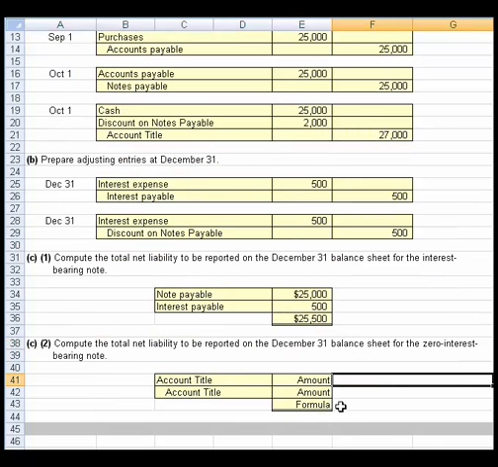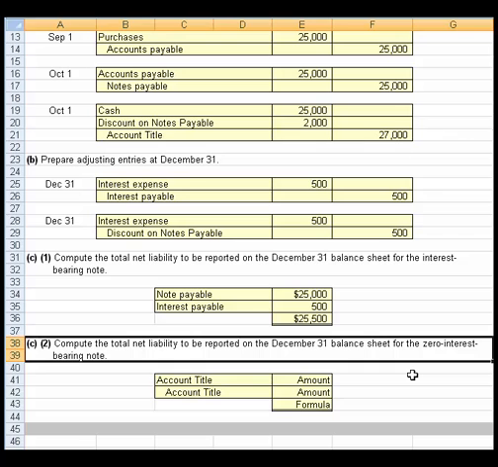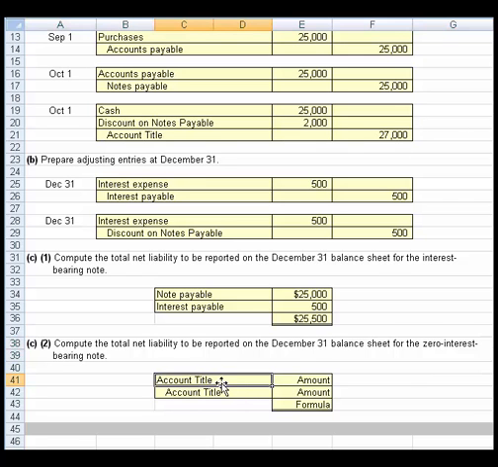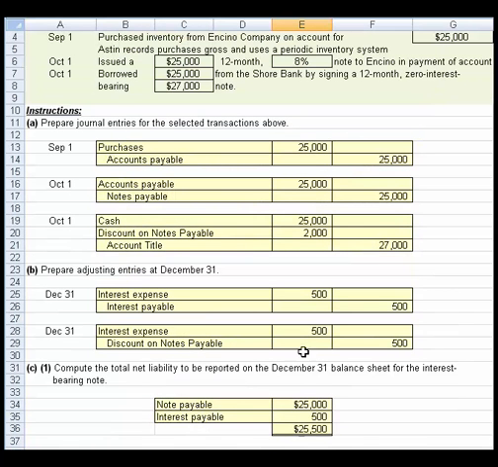And then if we needed to compute the total net liability to be reported on the balance sheet for the zero interest bearing note, we would show the note payable equal to the full amount we owed, which was $27,000.